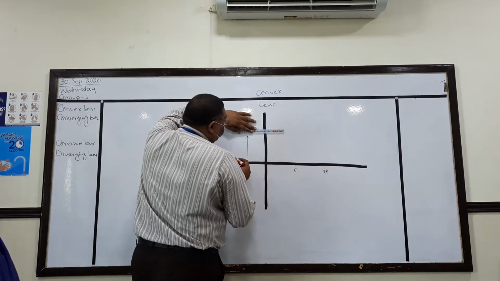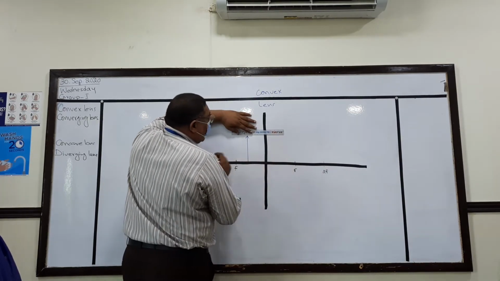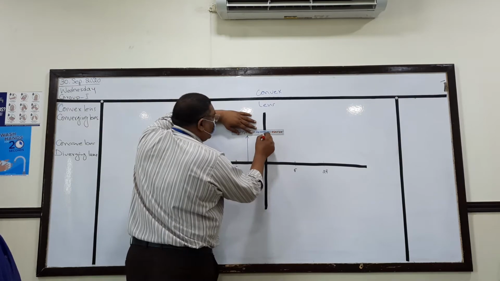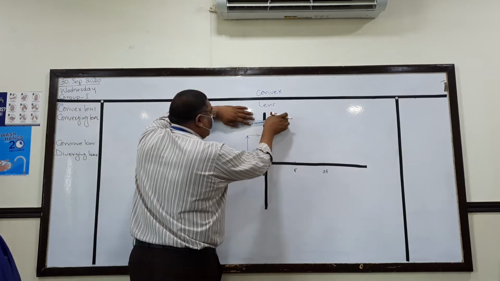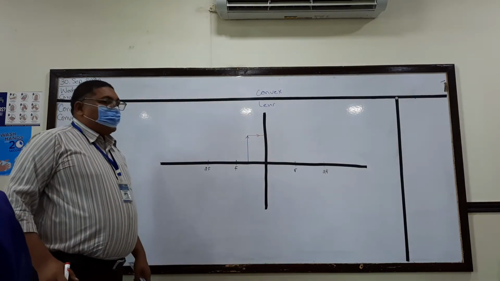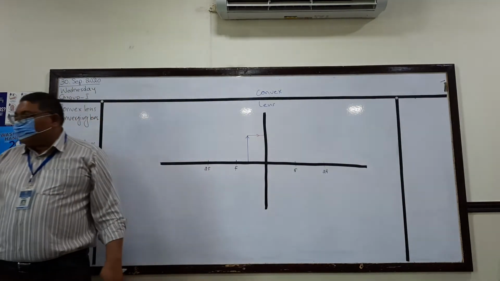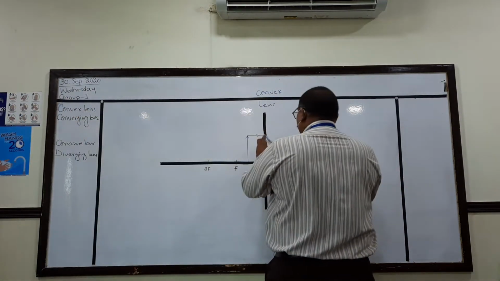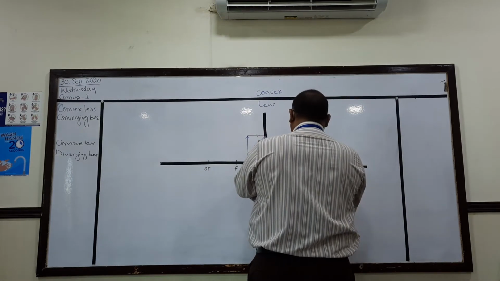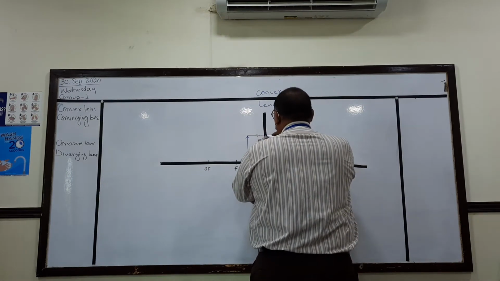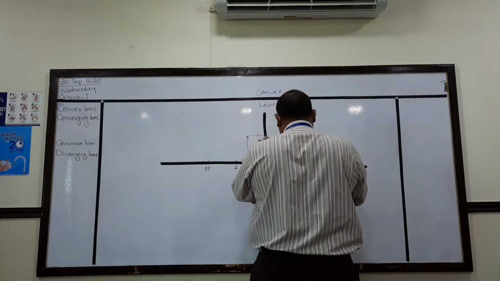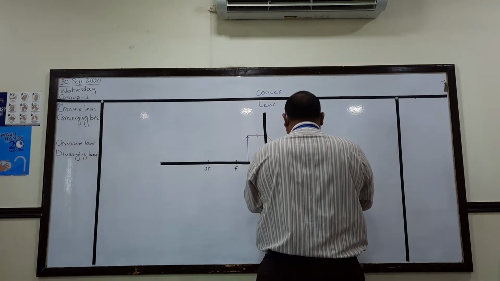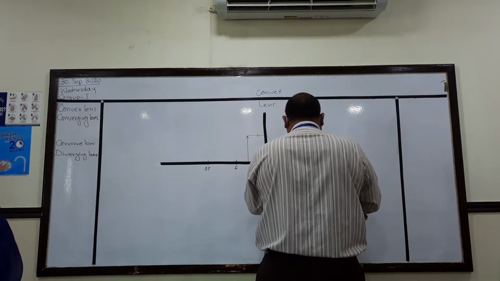So we will start from the ray number 1, which starts from the head of the object, and it moves parallel to the principal axis. And after passing through the lens, it will pass through the F on the other side.